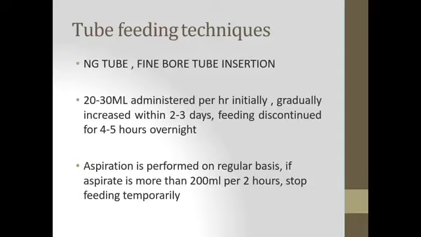And aspiration is performed on a regular basis. If aspirate is more than 200 ml per 2 hours, stop feeding temporarily, because if we give more feeding through the NG tube, it causes aspiration and the complication of aspiration pneumonia.